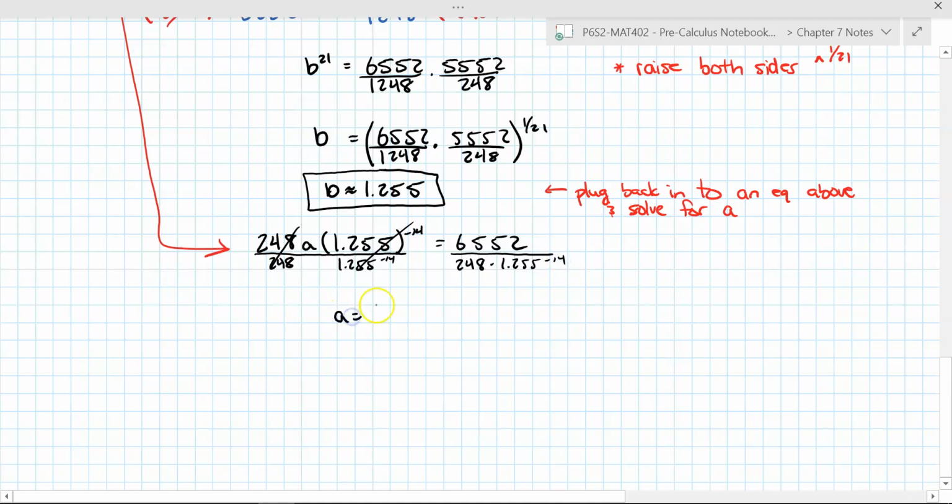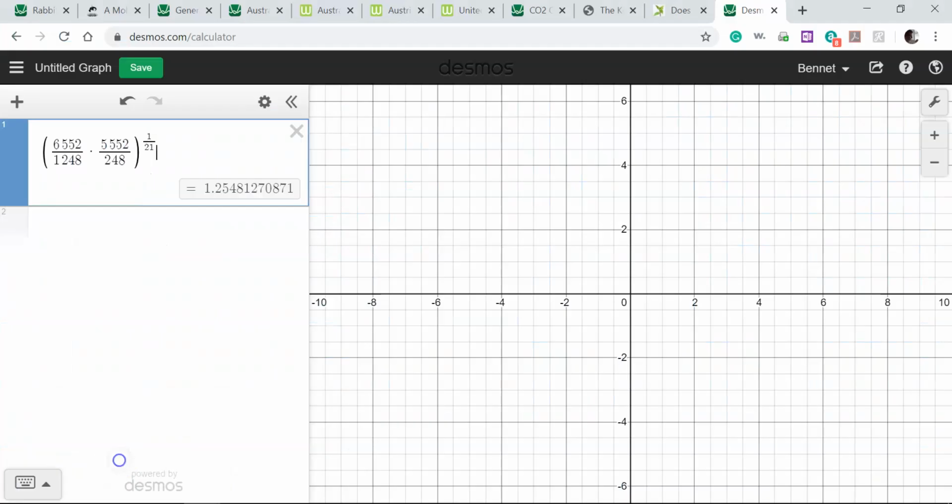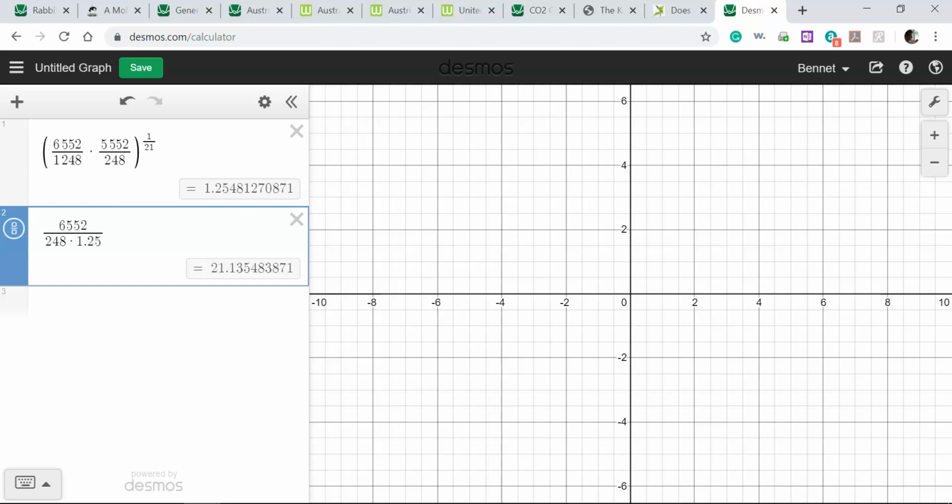So my A value, again, go plug this into Desmos. 6552 divided by 248 times 1.255, that thing up there, to the negative 14th power. I get my A value is 633.9.